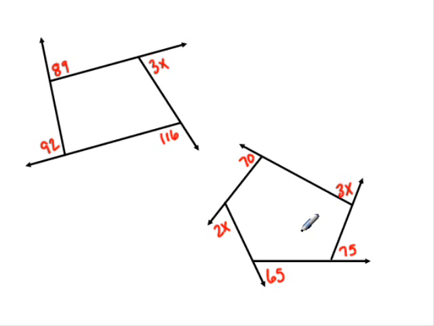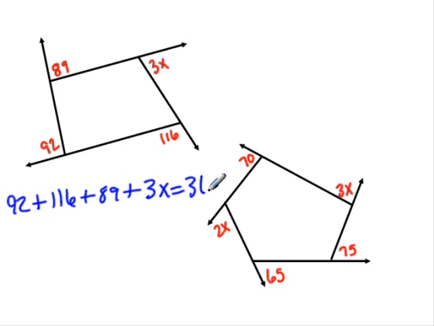So if we take these four angles, 92 plus 116 plus 89 plus 3x equals 360, we can now solve for x. Solving the equation, combining our like terms, we get 297 plus 3x equals 360 degrees.